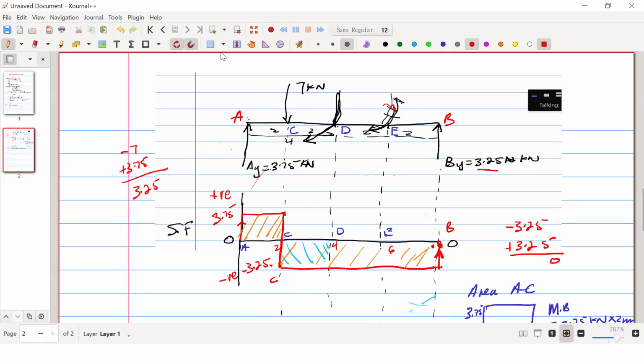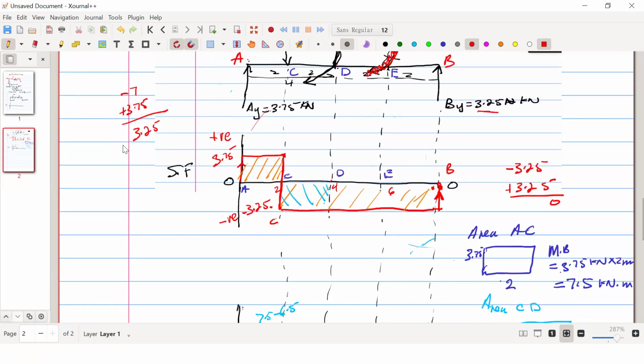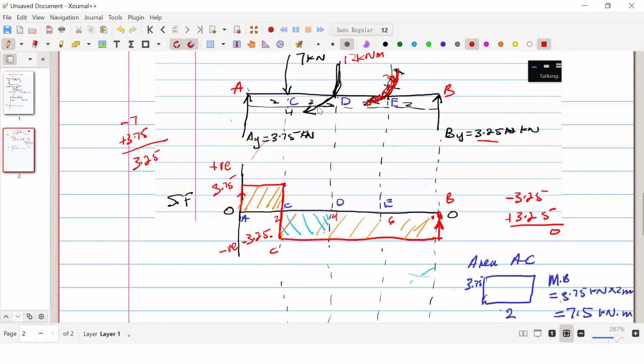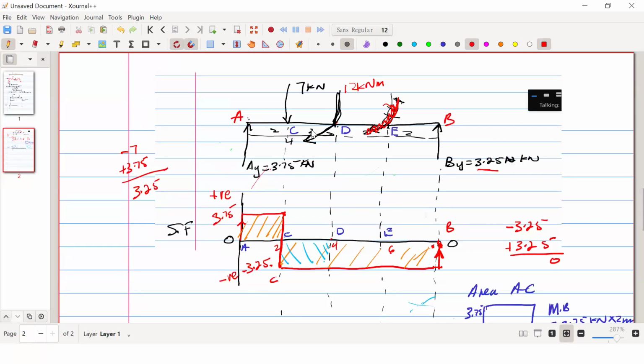Who understands what I'm saying? This moment is at the wrong place. So this moment here was 12 kilonewton meters, acting at B right here. So now you need to add it in. It is going in the clockwise direction, but based on convention, it is going to give the beam a positive bending moment, because of the way it twists the beam.